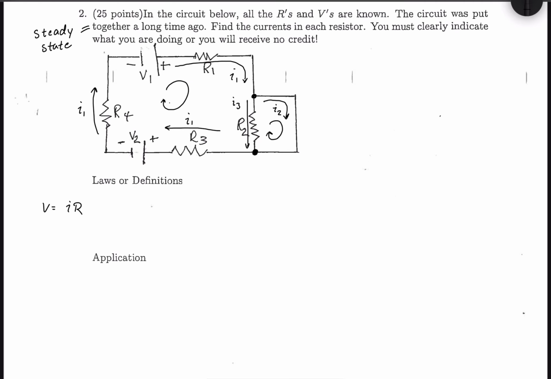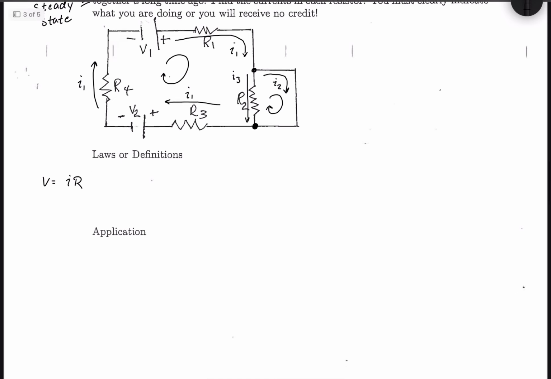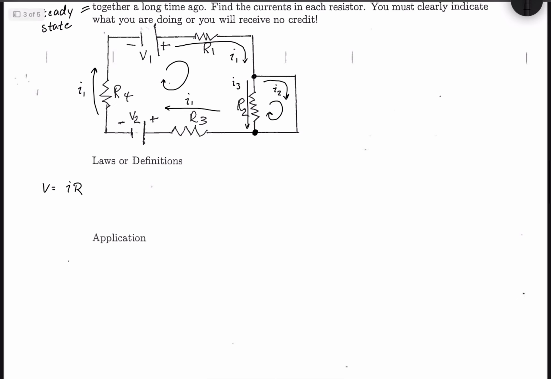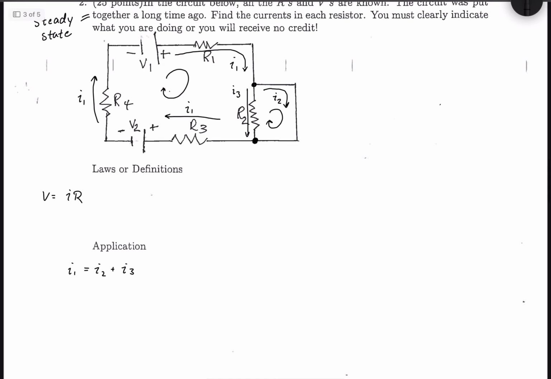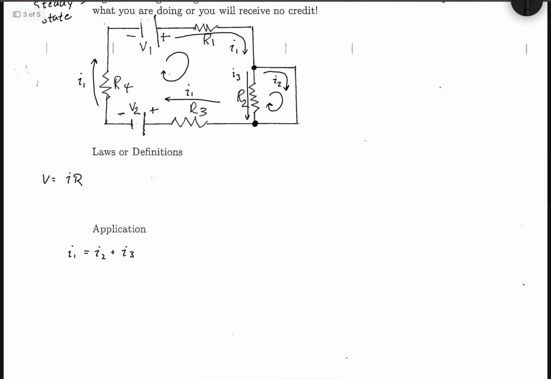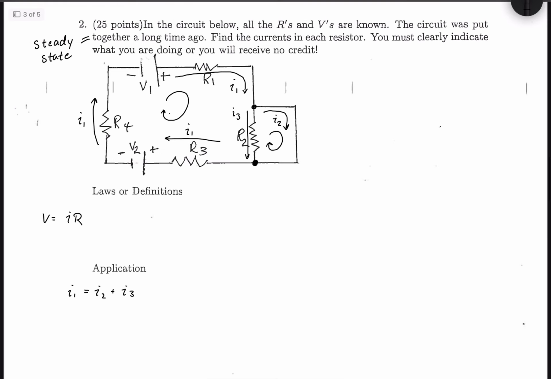One thing we didn't have to do in the last question is identify what currents add together to make another one. So one of the first things I would write down is that I1 equals I2 plus I3, right? That might be the case, but there might not be a current, and we'll see that as we go into this question.